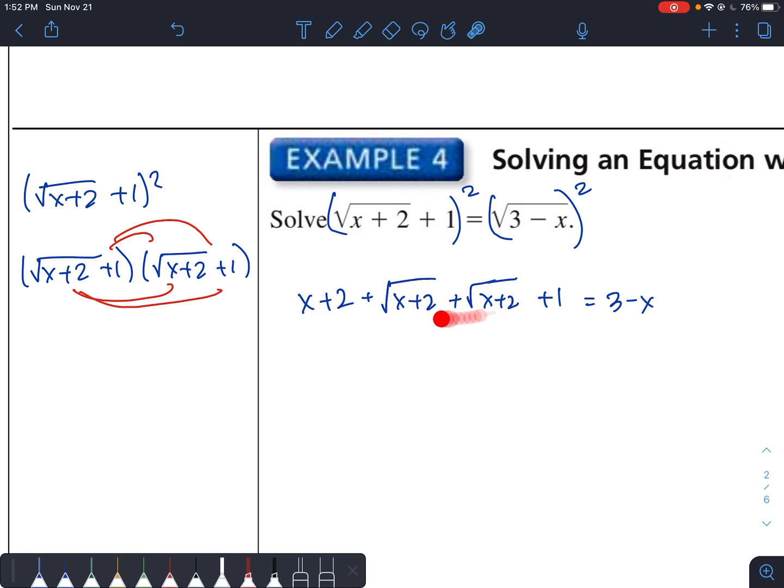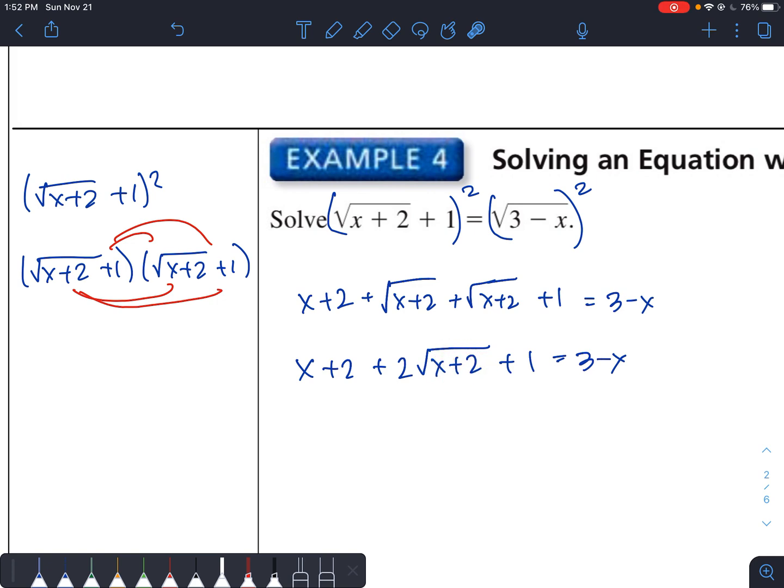Notice here that these inner terms that I have are like radicals. They have the same nth root, and they have the same radicand. So I can add them. So I have x plus 2 plus 2 square root of x plus 2 plus 1 equal to 3 minus x. So now you see that my equation only has one radical expression instead of two.